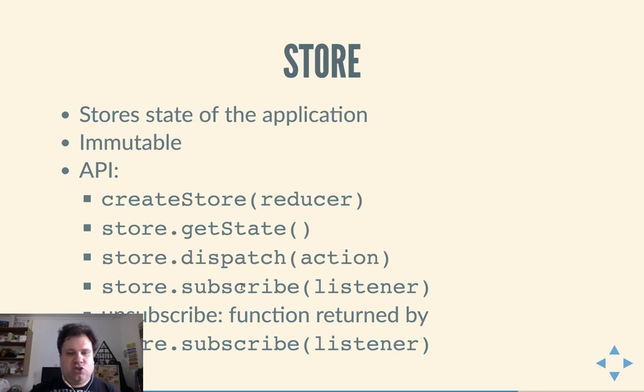Also, we have the store.subscribe method, which is for listeners of the store. And here we basically register listener callbacks to the store that are going to be called every time the store goes through a state transition.